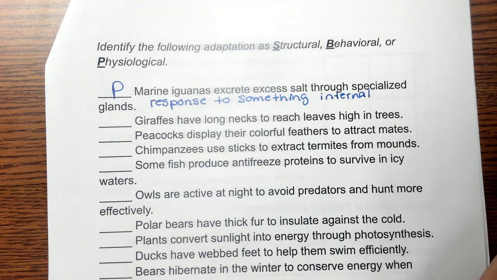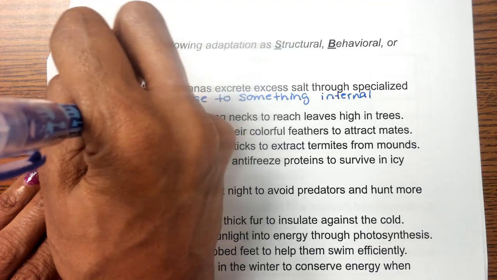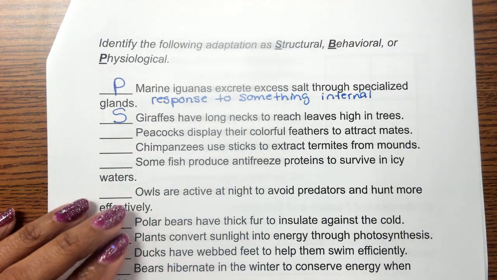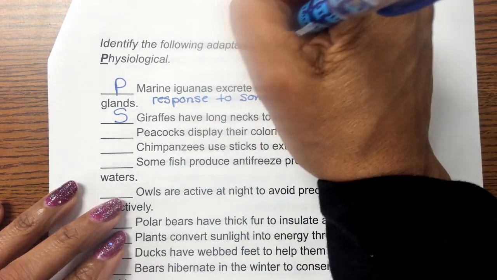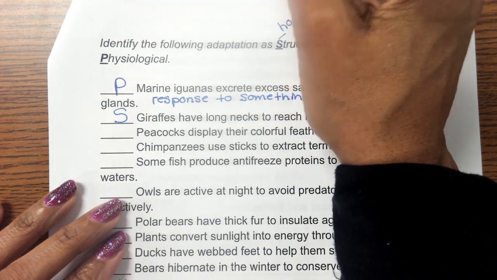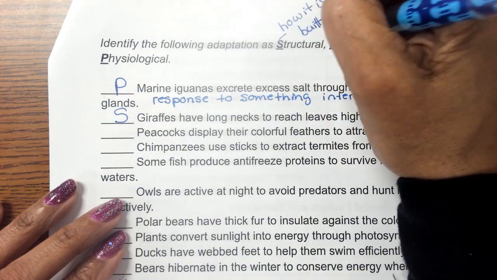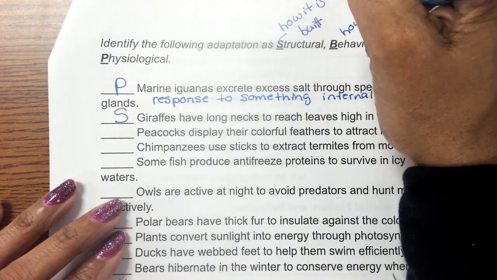Okay, giraffes have long necks to reach the leaves and high trees. That is structural. That's how it's built. So remember, we said structural is how it is built. Behavioral is how it acts.